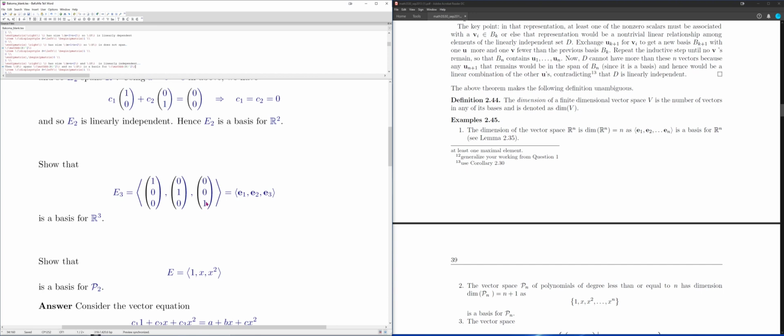If it's the third vector, the 1 is in the third position. So this is your standard basis for R3.